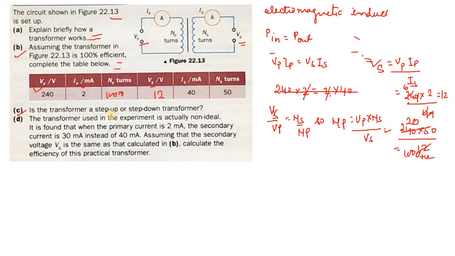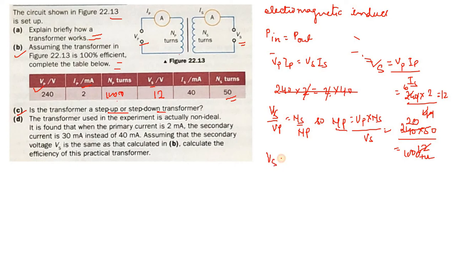Is this transformer a step up or step down? What we have learned is that in a step up transformer the number of turns in the secondary will be more than in the primary. So now if you compare, the primary is how many turns? 1000 turns, and the secondary is 50 turns. It means what?